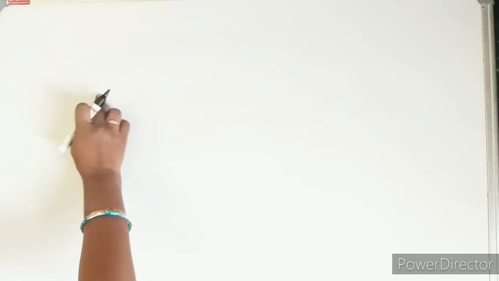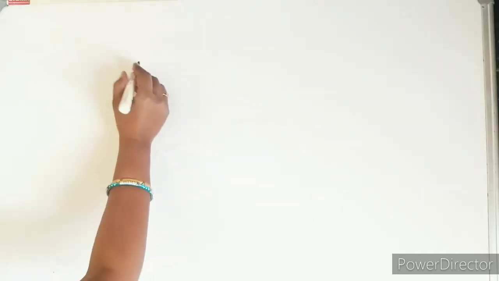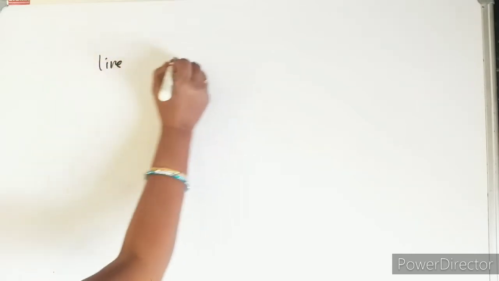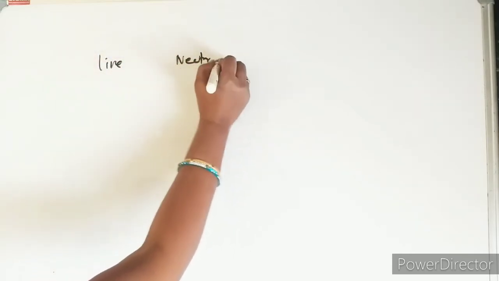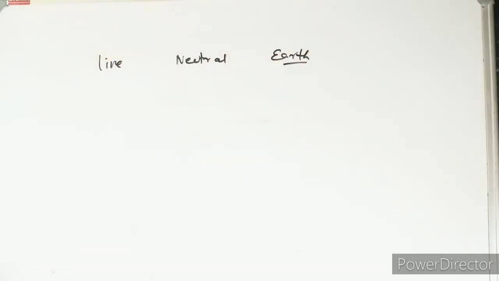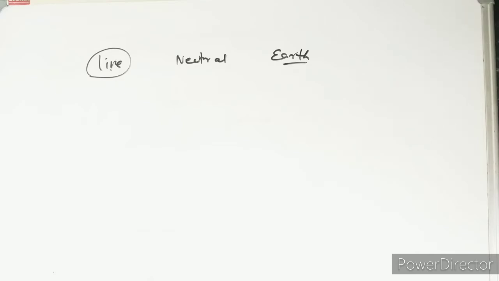If I am using a fuse, to which wire should it be connected? We have the live wire, the neutral wire, and the earth wire. The fuse should be connected to the live wire, because current passes through the live wire.